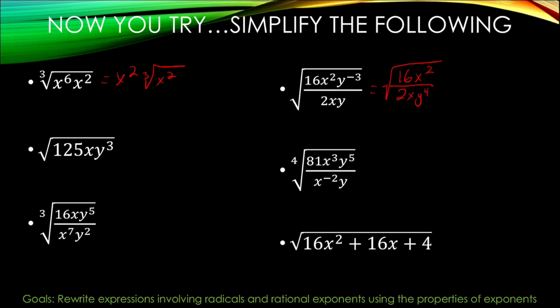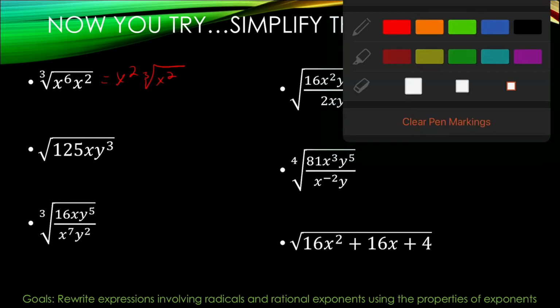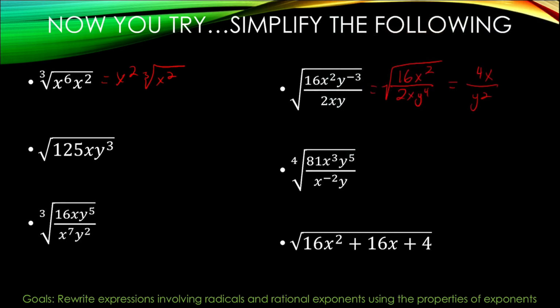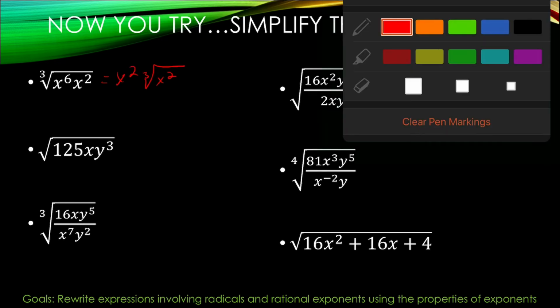Okay, that negative 3 drops below, which means 4x is going to come out, and y squared is going to come out. Square roots, 1 over 2x. So I'm just taking the square root of each of these individually.